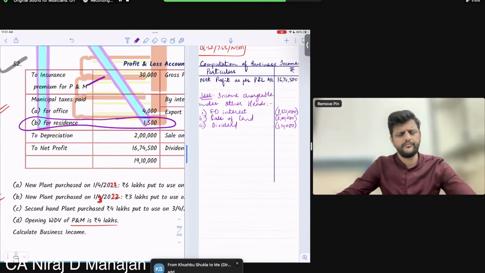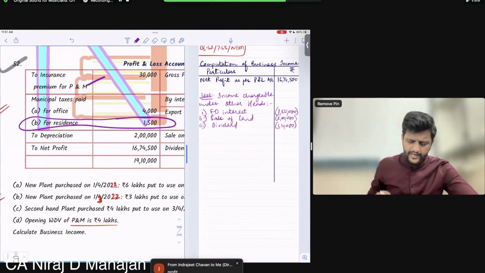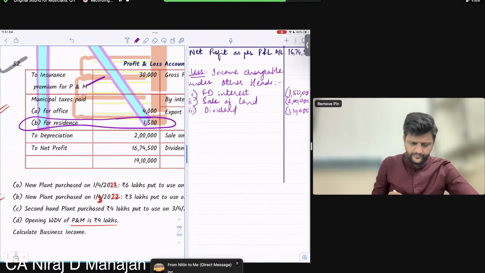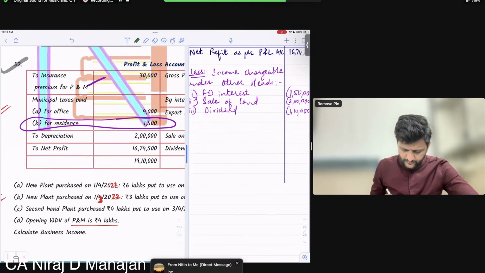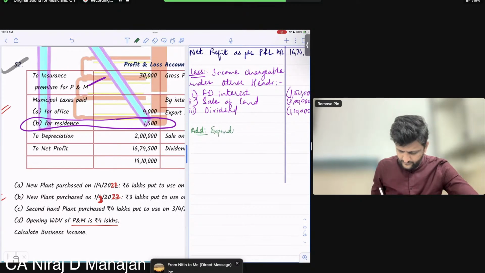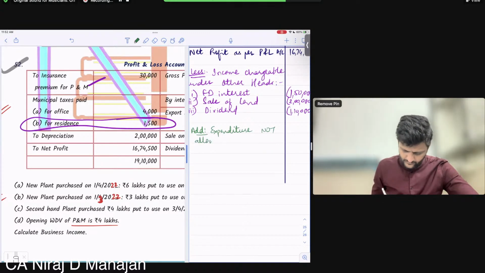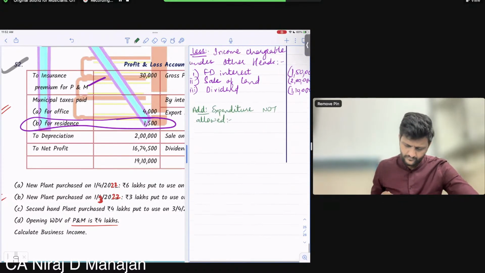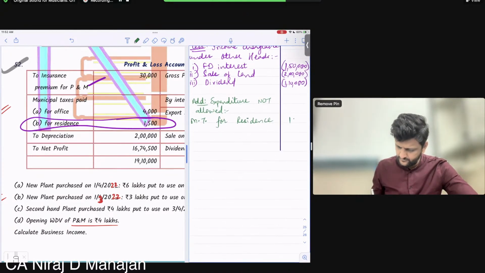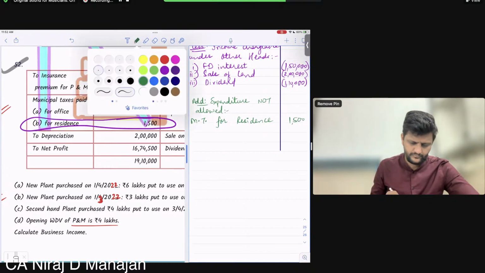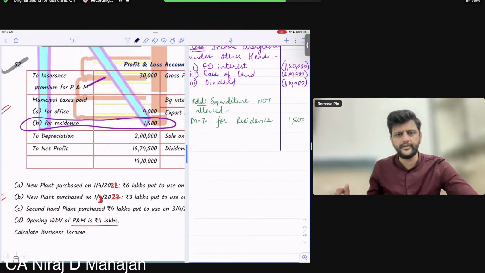My profit will increase. Add. Done till here, all of you?